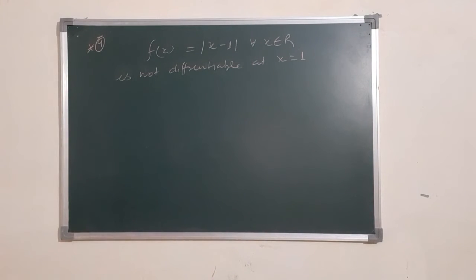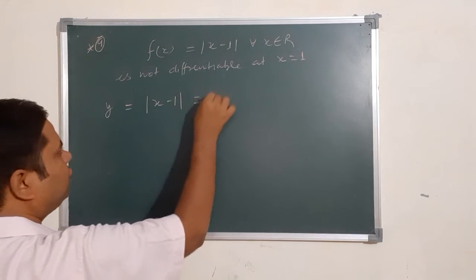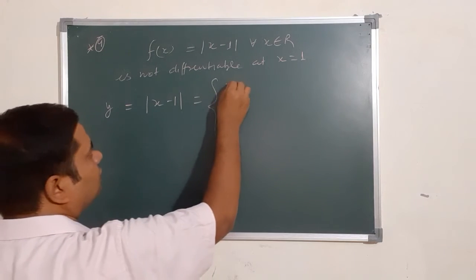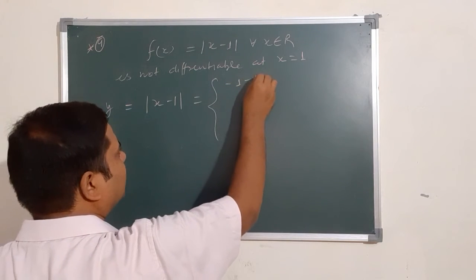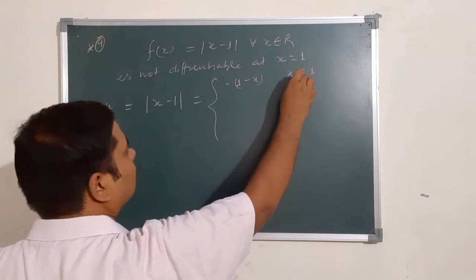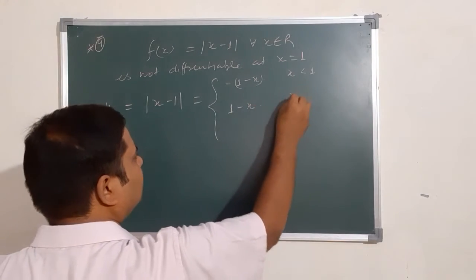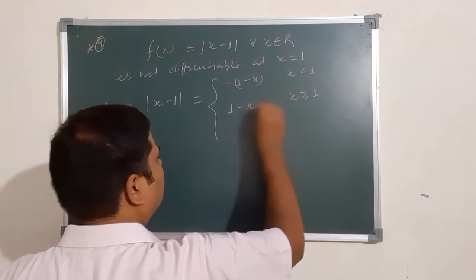So first of all, we define the function y is equal to mod of x minus 1, and you know very well this is minus of 1 minus x if x is less than 1, and this is 1 minus x if x is greater than or equal to 1.